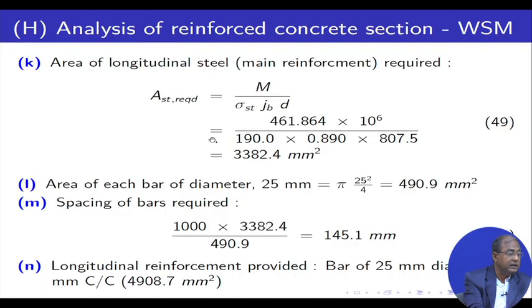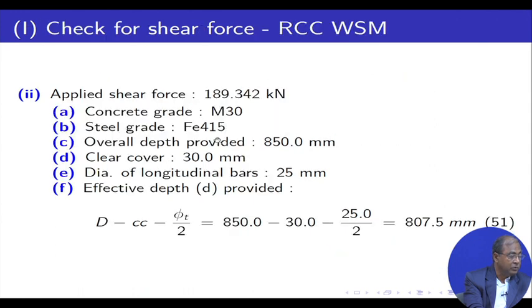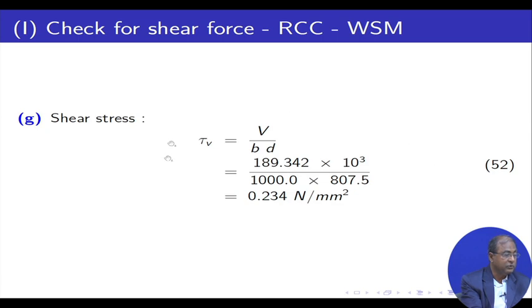So, let us see how much we are getting due to shear force. I have taken M30, steel grade is Fe 415, that one we have considered, and so we are getting D, which equals 850, that particular one we are getting 807.5 millimeter, that way we have already calculated, and which is coming very less.